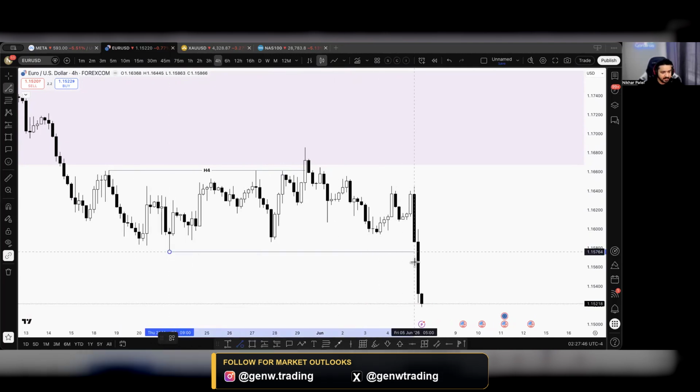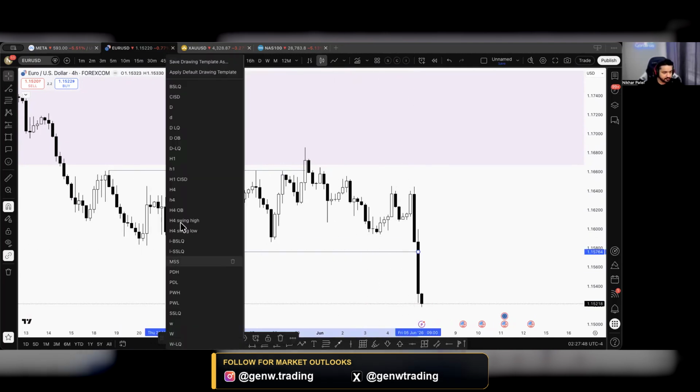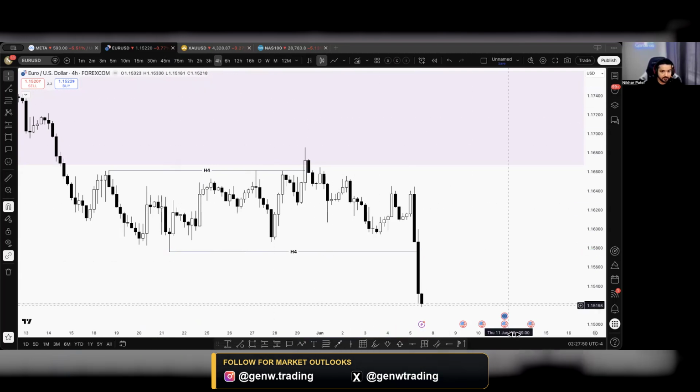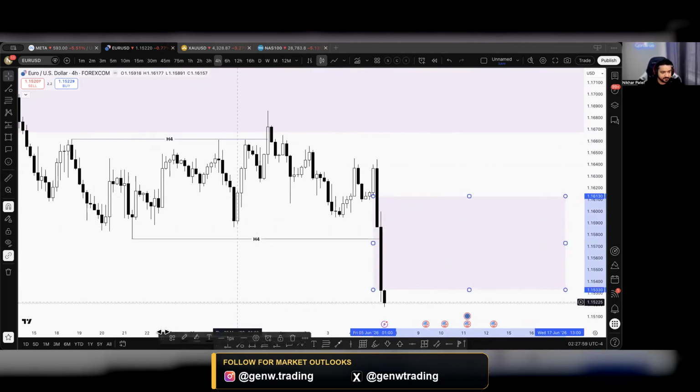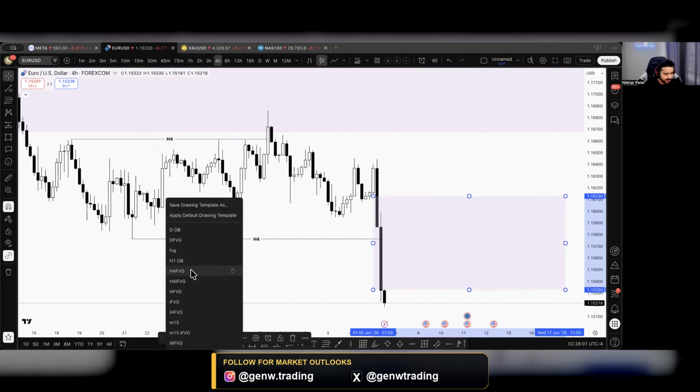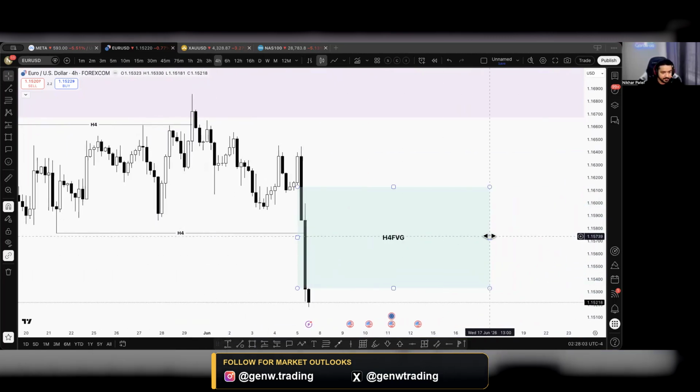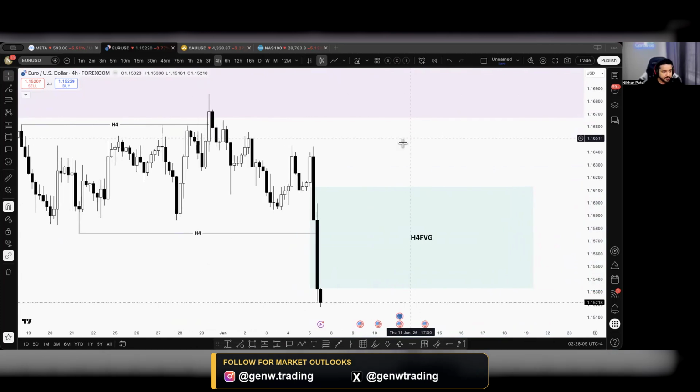Now we have the actual break of structure on H4, which we can trust given it has come off the weekly fair value gap. Now, where are the H4 FVGs? We have these two huge H4 FVGs, which have been delivered as a part of the non-farm payrolls on Friday. Are there any other H4 FVGs?